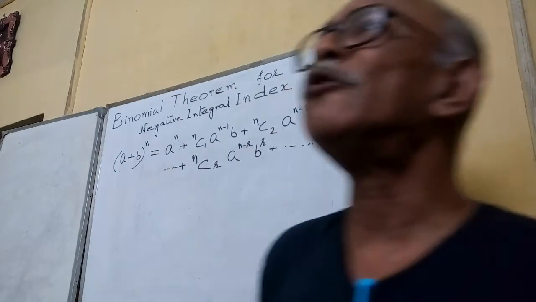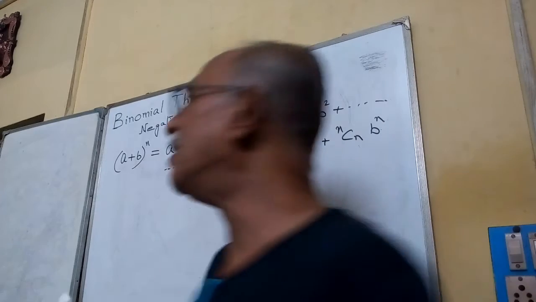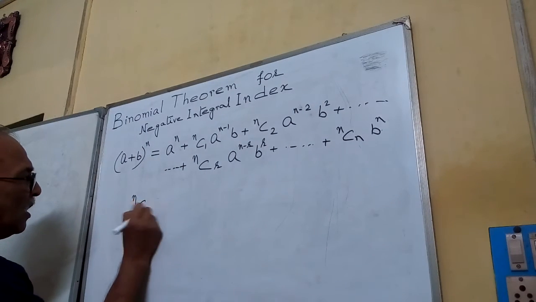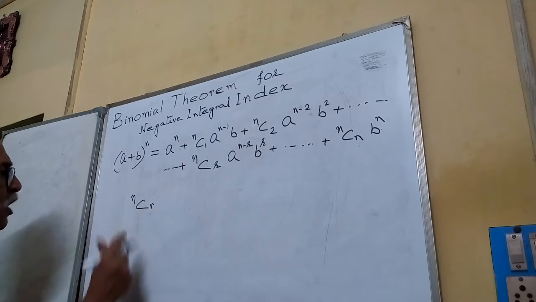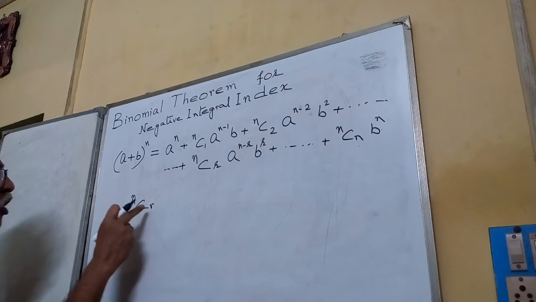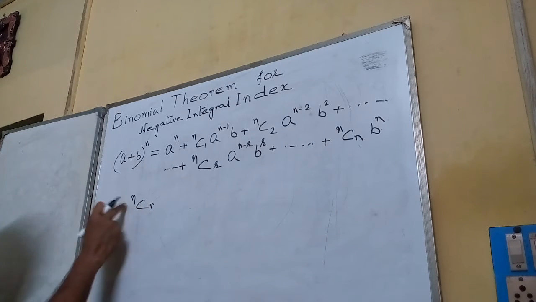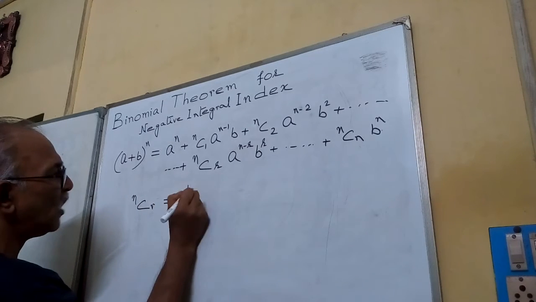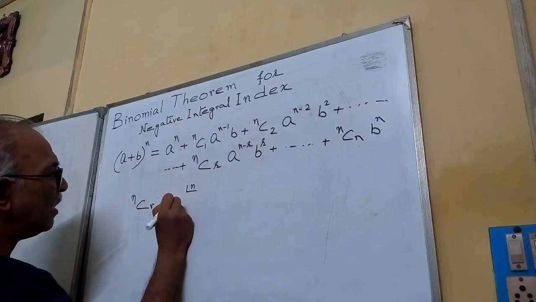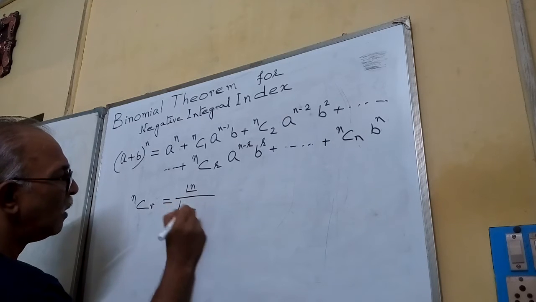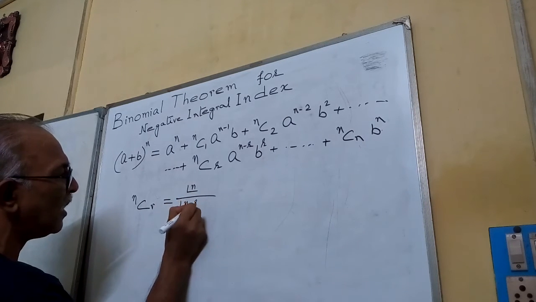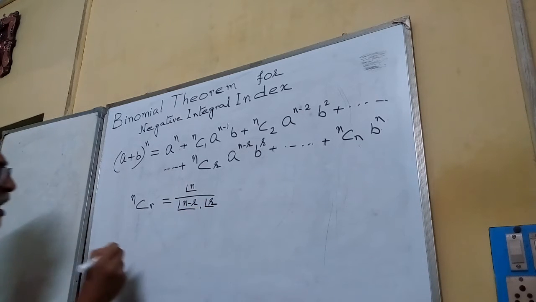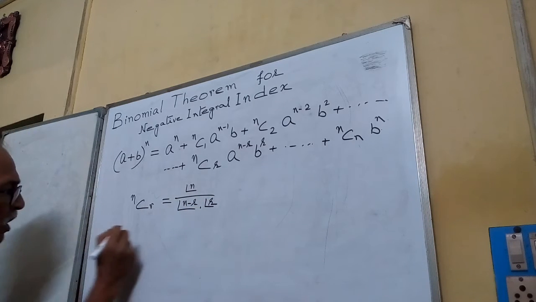Once again I want to remind you that NCR is meant for combination of R things from N things, that is equal to factorial N by factorial N minus R into factorial R. I will show you one more way.